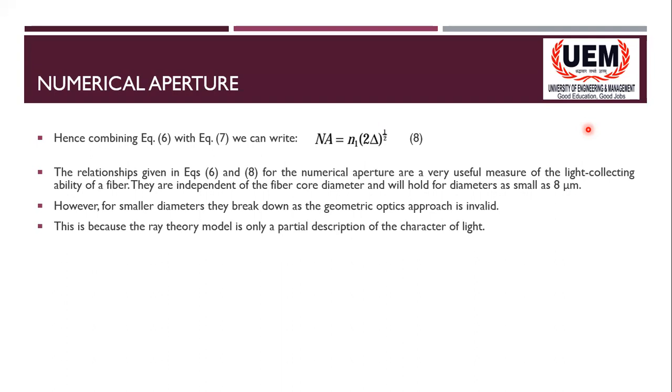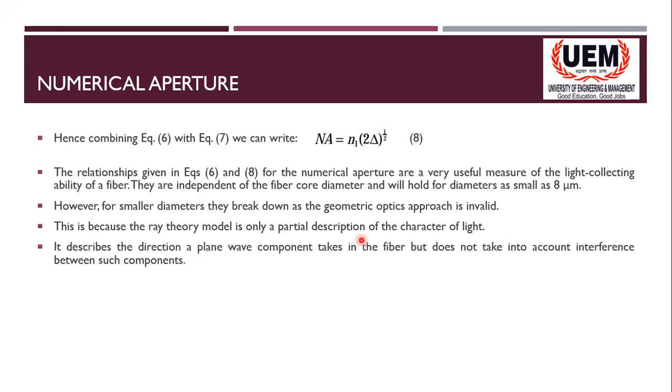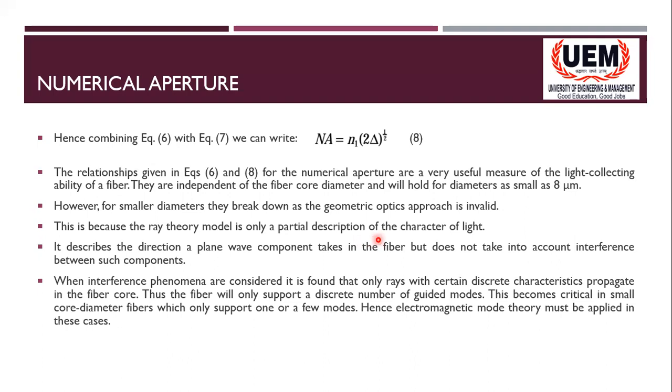For that, we cannot depend on the ray theory model, because it is just a partial description of the character of light. It is not a complete description. We cannot understand the loss the light may incur when it is propagating. So to get a full understanding of the characteristics of the light when it is propagating through the fiber optic core, we need another model which is known as the electromagnetic mode theory.